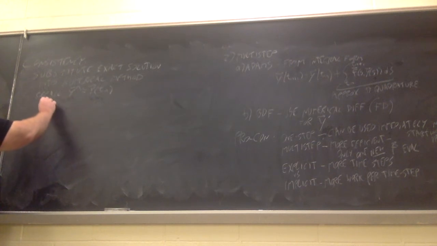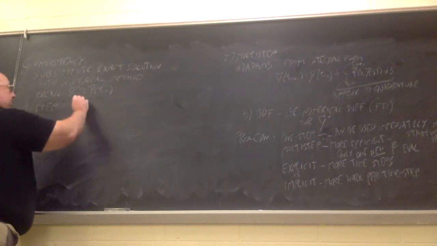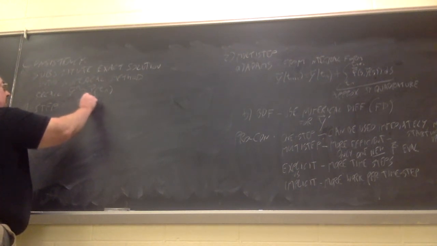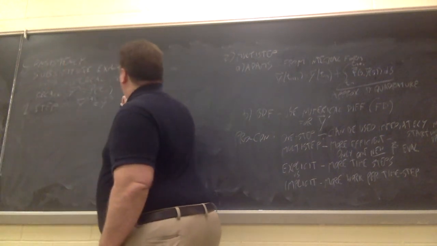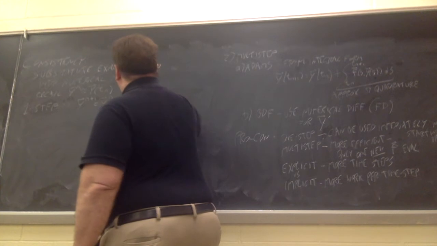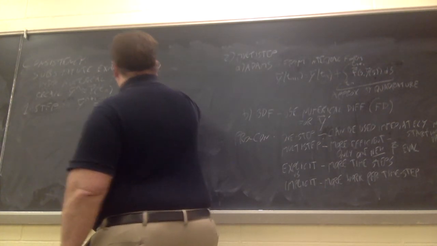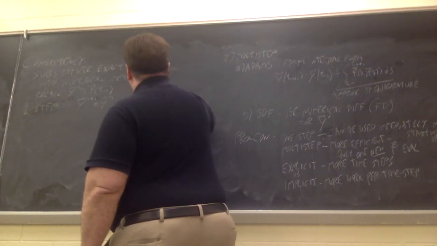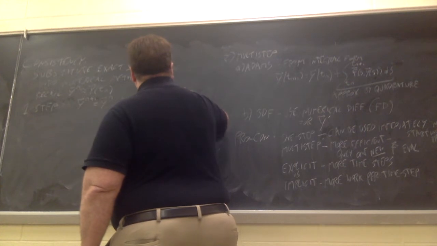So for concreteness, I'll consider a one-step method. A one-step method would have this form: y_{n+1} is equal to y_n plus delta t times some function, I'll call it phi, that depends on t_n, y_n, and your time step.